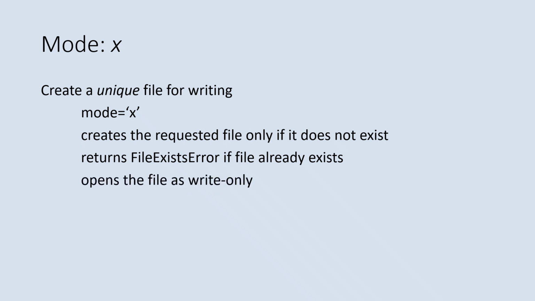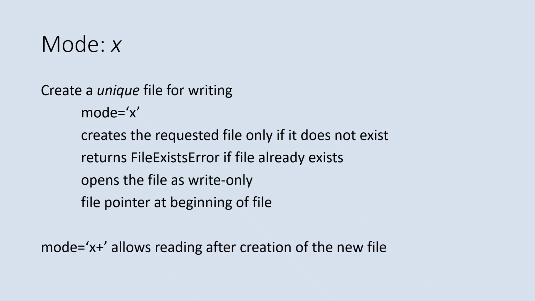The X mode opens the file as write only, so there's nothing to truncate. It starts at the beginning of a blank file, and you can start writing. The file pointer is at the beginning of the file because that's really the only position in that specific file. There is then mode X+ that would allow reading after you've created the new file and start writing to that file, that you can then read in that particular file and then maybe keep writing later and so on.